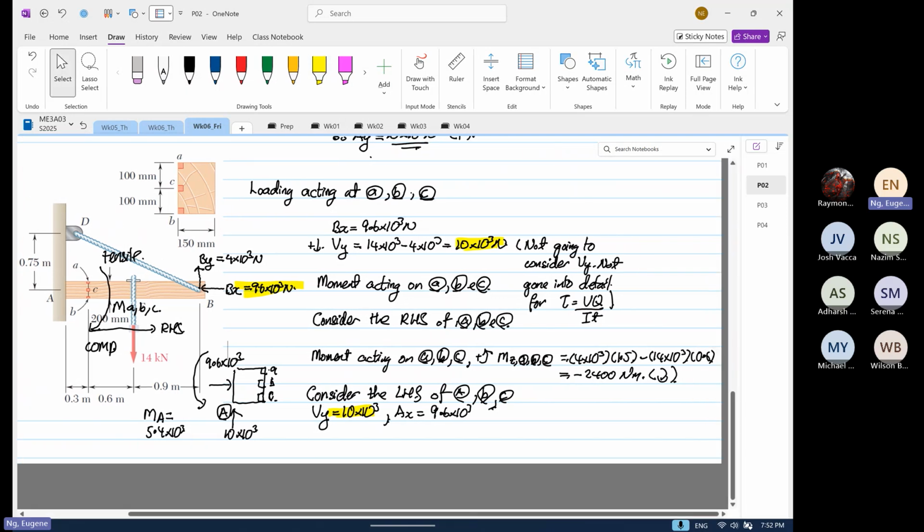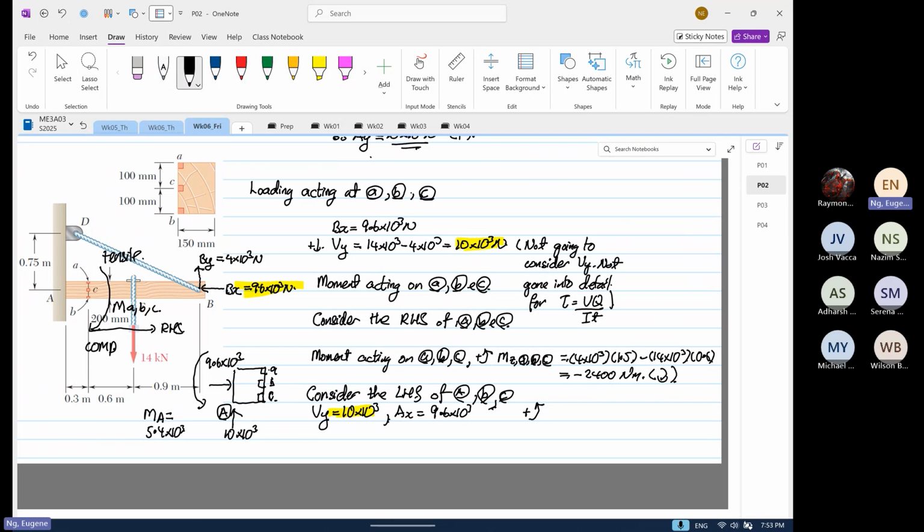Now if we look at the moment, we declare that anything going counterclockwise is positive.